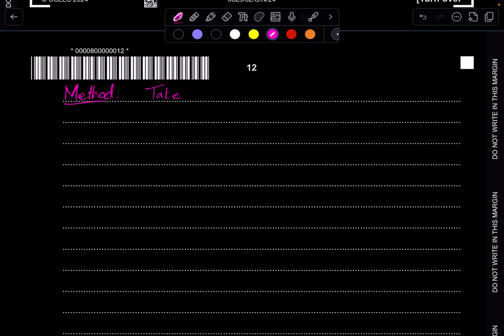In the method, we take a beaker and fill it with water of measured volume.